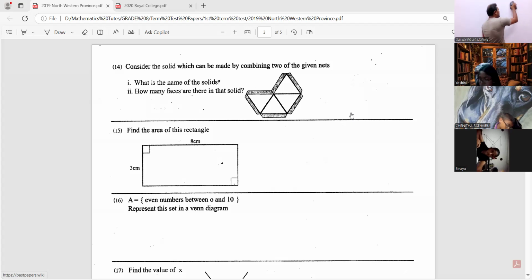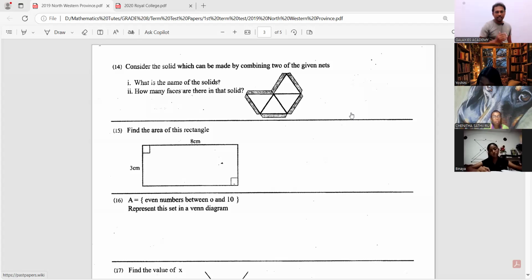Right, then we can go to question number 15. Find the area of this rectangle. How can you find the area of a rectangle? Area is equal to length into breadth, length multiplied by breadth.